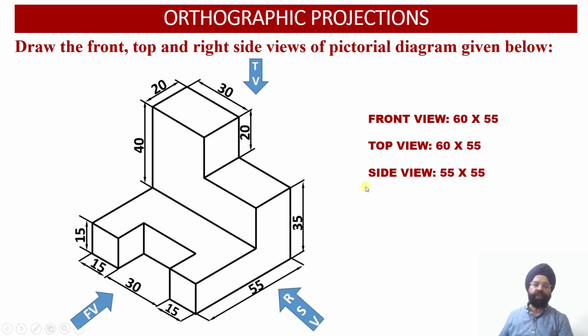Now let us work out what are the different surfaces which will be visible to us when we look at the solid from the front side, from the top side and from the right hand side.